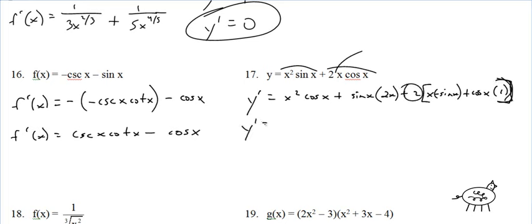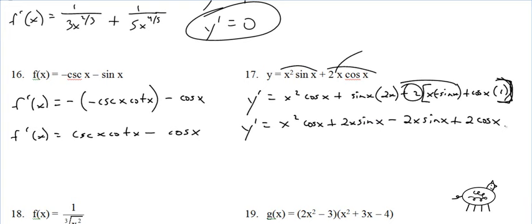So I wind up getting y prime is equal to x squared cosine of x plus 2x sine of x. And then if I multiply that out, I get, like this guy right here, minus 2x sine of x, and then plus 2 cosine of x.